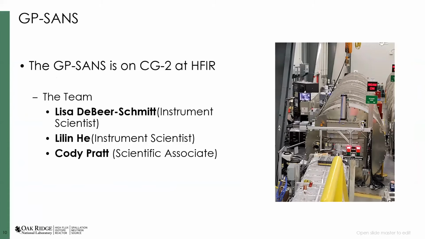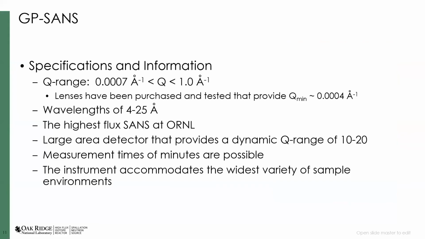So our scientific associates assist the instrument scientist and the user with things like technical things, administrative work, things of that nature. The GP-SANS instrument is really the premier instrument here at Oak Ridge National Laboratory. Its specifications are provided here.